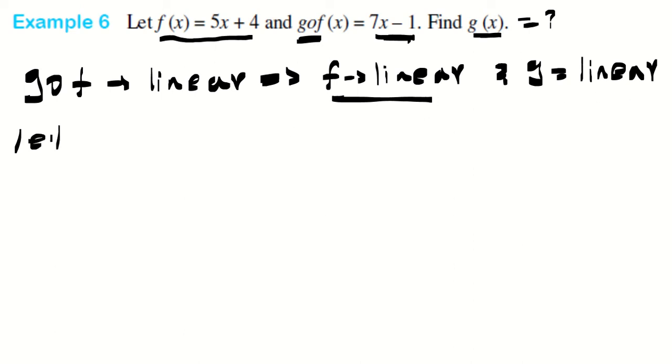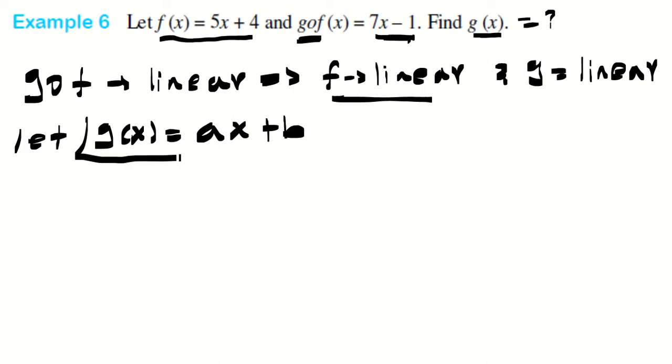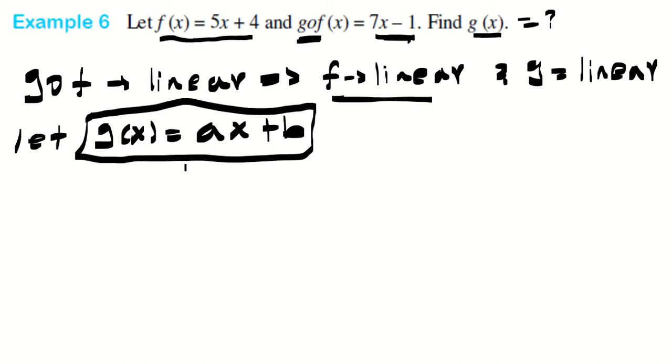So we can say, let g of x be ax plus b. Mostly a linear function will be represented by ax plus b. Since g of x is a linear function, we can represent it by ax plus b or any variable. You can say bx plus c or cx plus d, whatever.